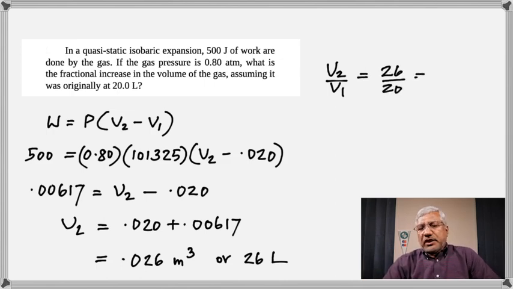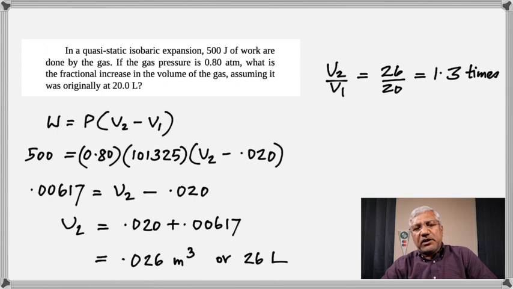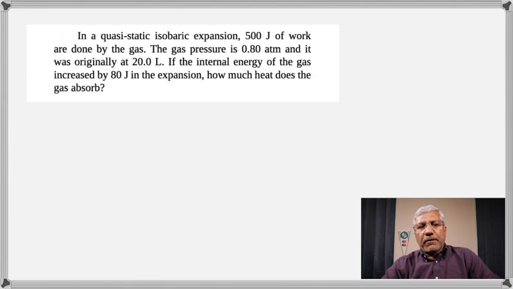Now, I put that back in liters because, as long as both are in liters, the fraction is the same. So it's 1.3 times. In other words, the final volume actually increased to 1.3 times the initial volume. But really, if you want to do the fractional increase, you got to go 1.3 divided by 1 times 100, which will give you 30%, which I've not done.